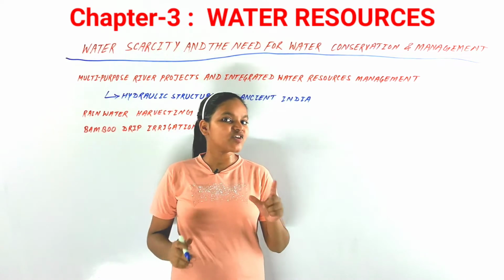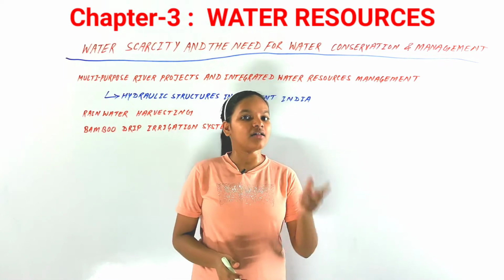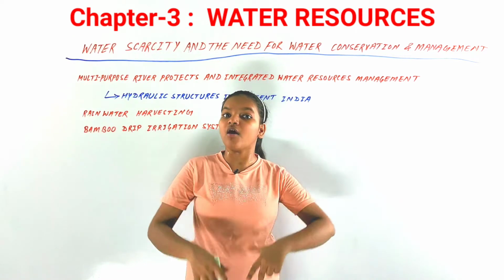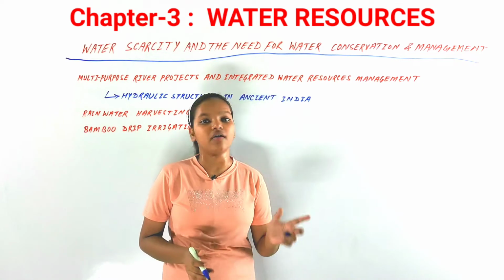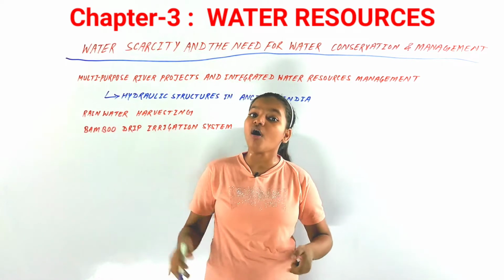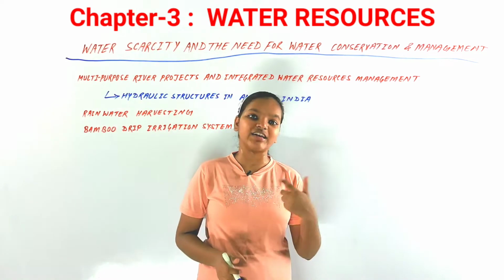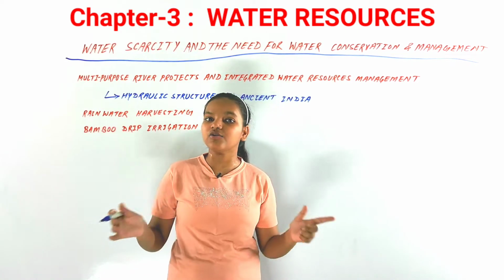Firstly, let's talk about water scarcity. What is water scarcity? About 75% of the whole surface of our planet Earth is covered with water, but in that amount of water we only have a very little amount of drinkable or fresh water, and that water has not been distributed equally to all areas.